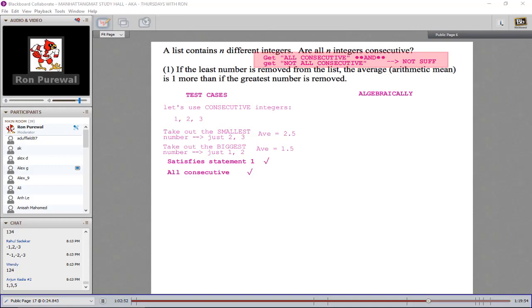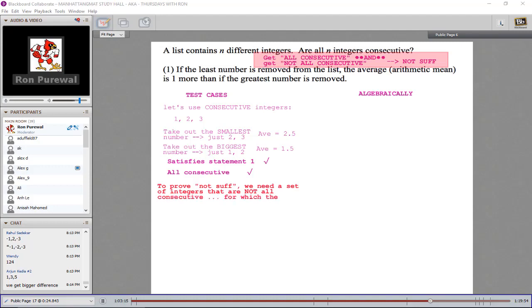Okay, to prove not sufficient, we would need a set of integers that are not all consecutive for which the difference between averages is still 1.